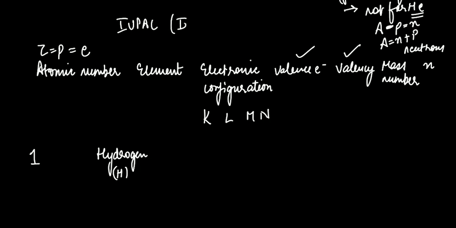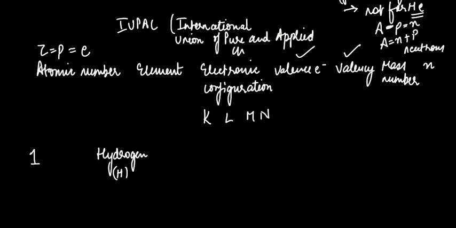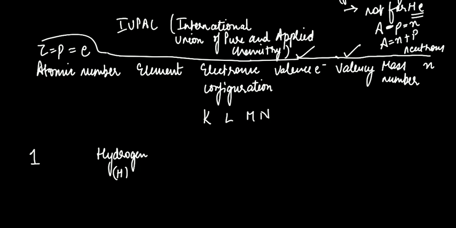If not, it's an association responsible for any kind of ruling in chemistry, International Union of Pure and Applied Chemistry. Why I'm introducing this part is because in the next video we'll be understanding the chemical formulas more.